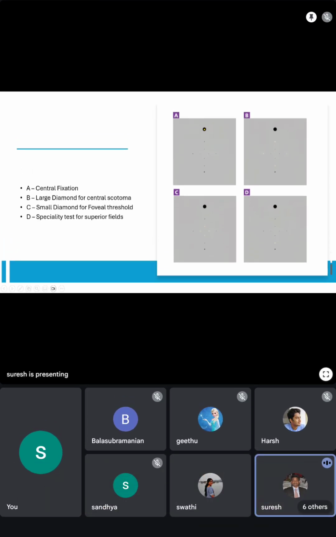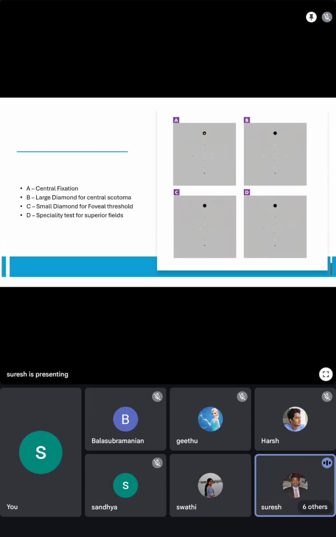Okay, there are certain specialty tests where we want to do only the superior test. Then we ask them to see the inferior fixation point. So in the fixation itself, there is one central fixation, large diamond, small diamond, and inferior fixation. Okay.